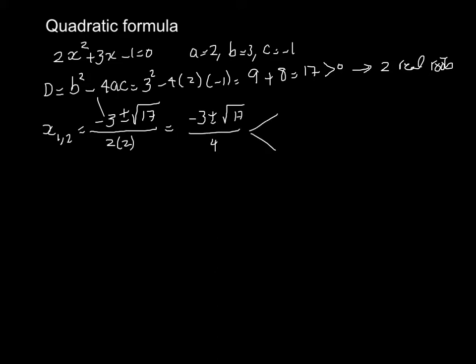There are two cases, plus or minus. If I go with the plus sign, I get negative 3 plus square root of 17 over 4. If I take the negative root, I get negative 3 minus square root of 17 over 4. These are the roots of this quadratic equation.